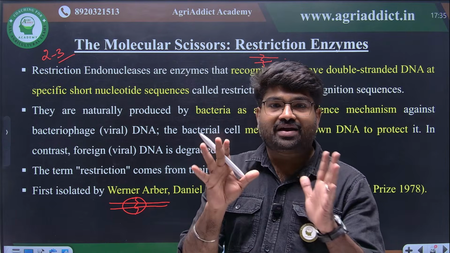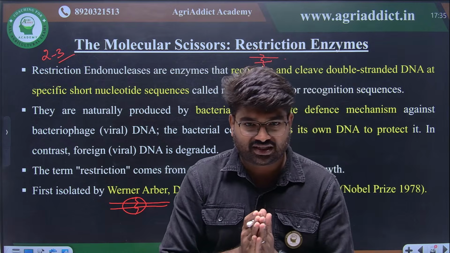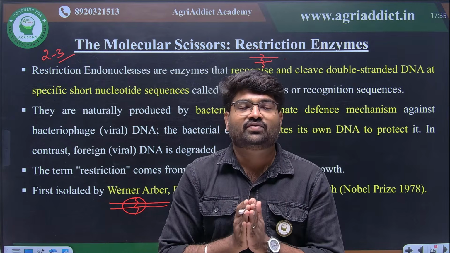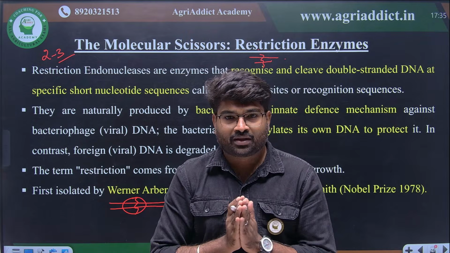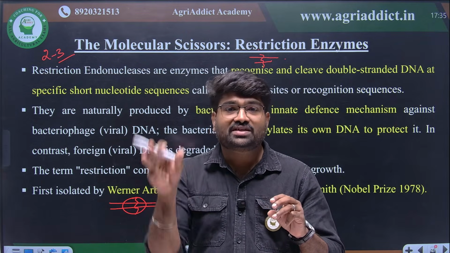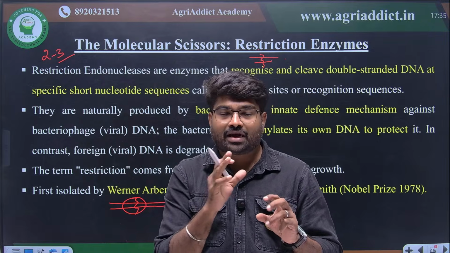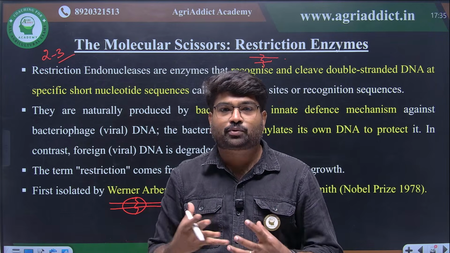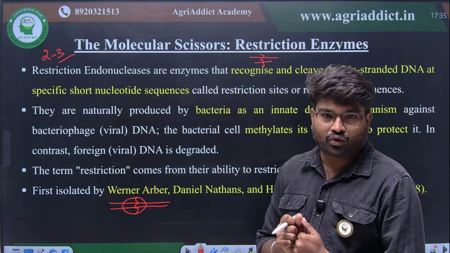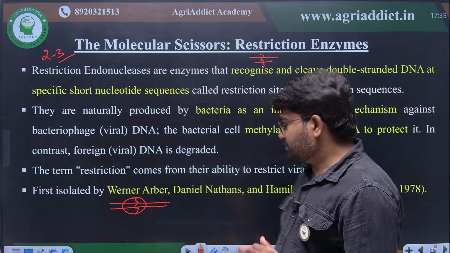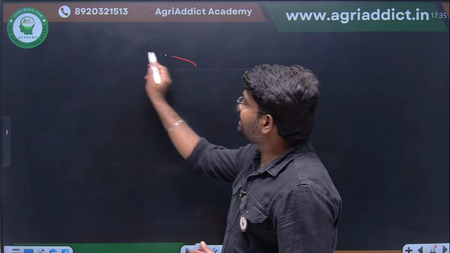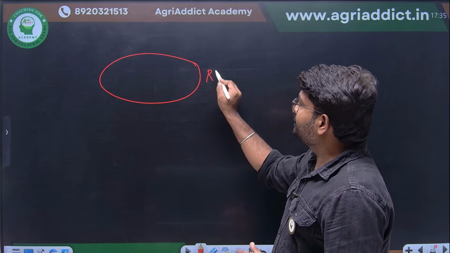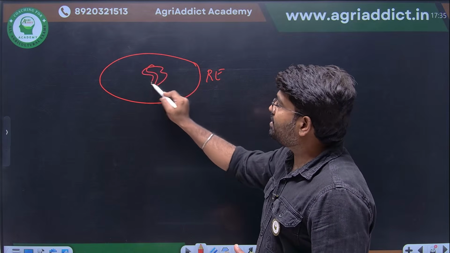This was primarily discovered in bacterial species as a mechanism of innate defense. If you think, then how is the bacterial DNA protected from this enzyme? That also we have to know. If the bacterium has the restriction enzyme, it will also have a DNA molecule.